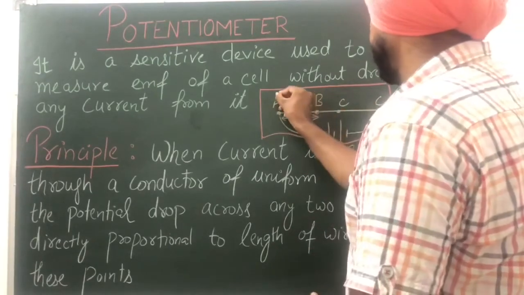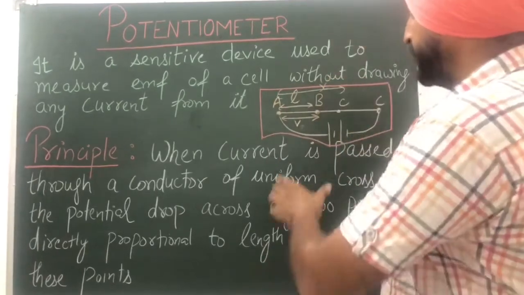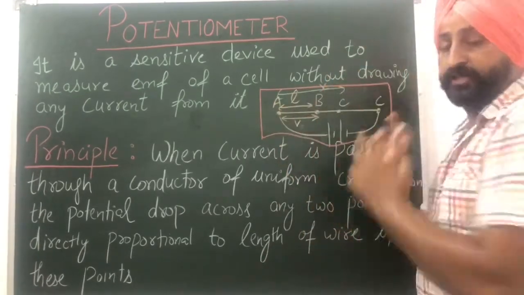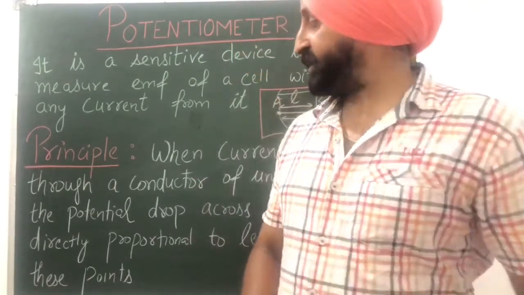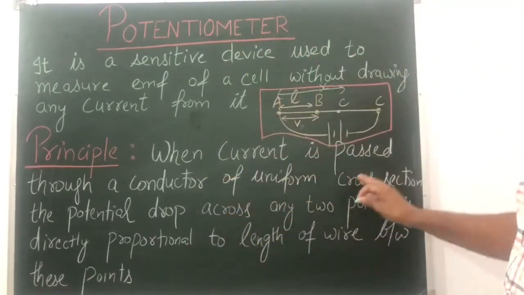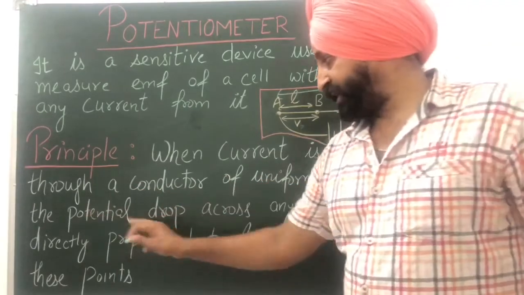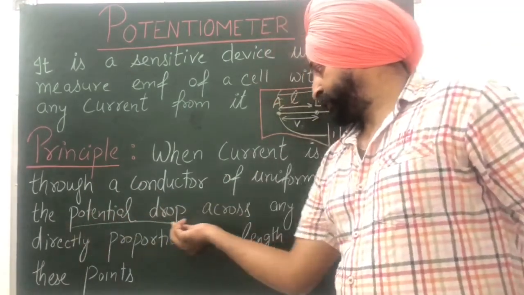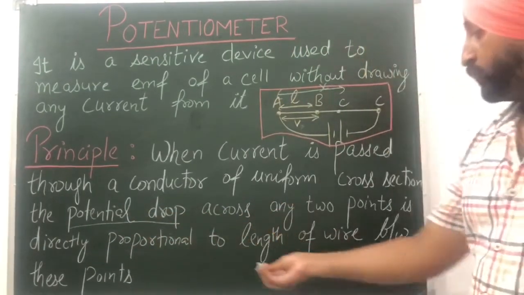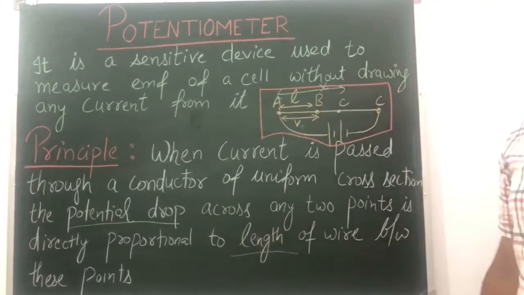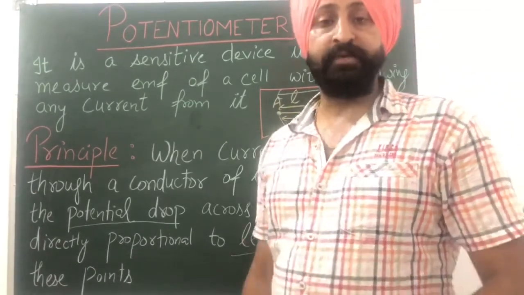Suppose this length is X, then the potential across AC will be proportional to X. So this is the basic working principle of potentiometer. When current is passed through a conductor of uniform cross section, the potential drop across any 2 points is directly proportional to the length of that wire. Fine.